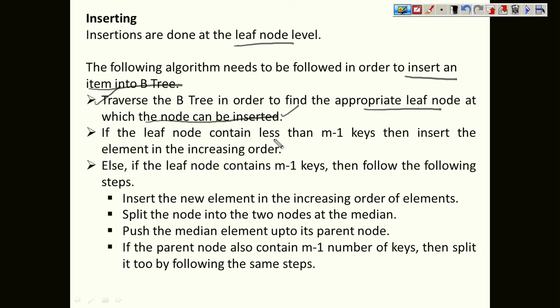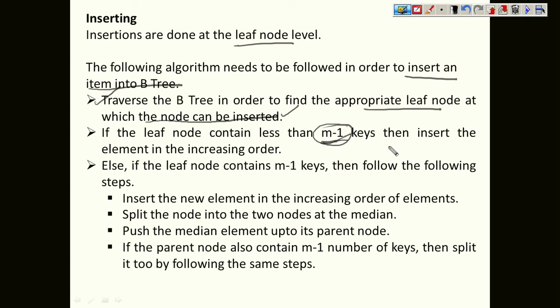If the leaf node contains less than m minus 1 keys, we know that every node can contain a maximum of m minus 1 keys. So if you reach the particular node where the key is to be inserted and that node contains fewer keys than that, then you simply put the key at the appropriate position in the same node.